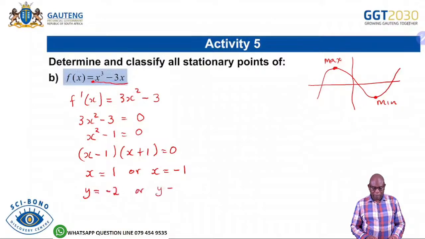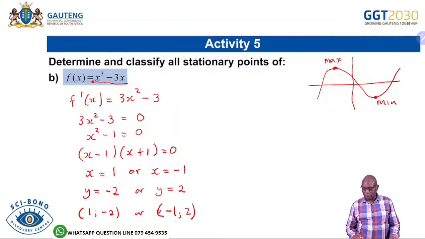Or if I substitute by negative 1, I'll get negative 1 plus 3, that will give me a 2. So my 2 stationary points will be (1, negative 2). The other one will be (negative 1, 2).